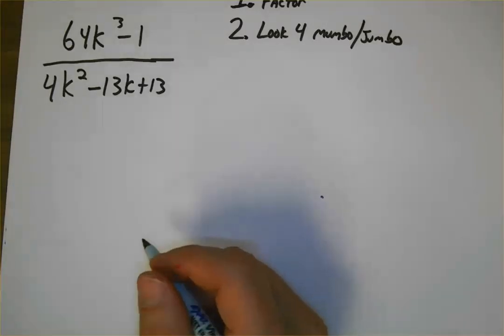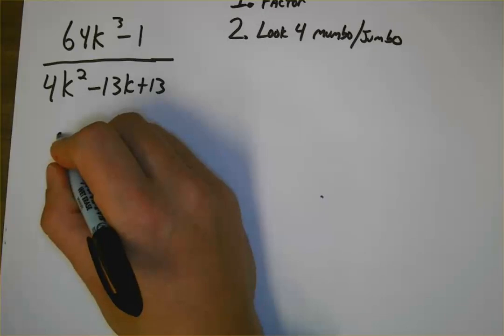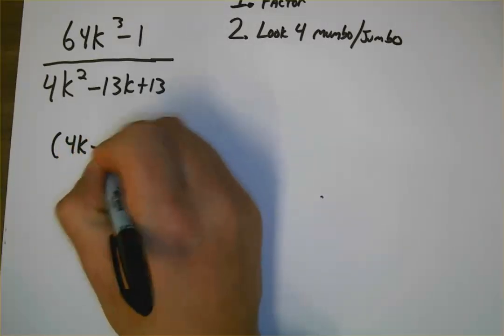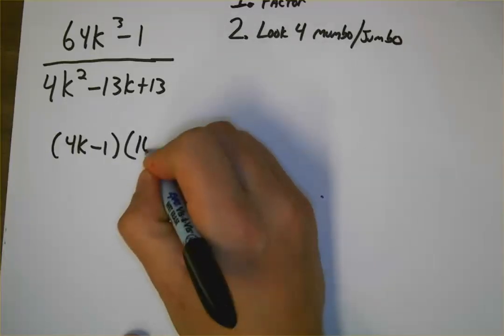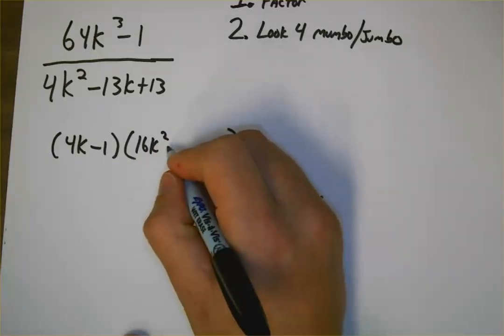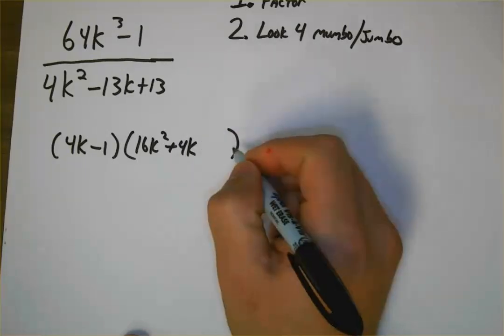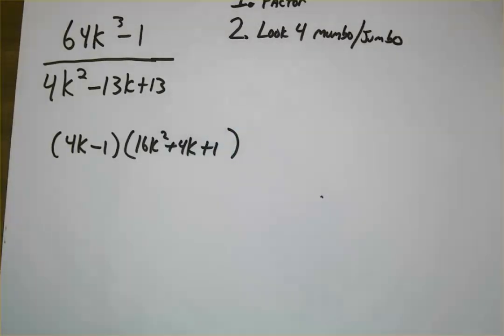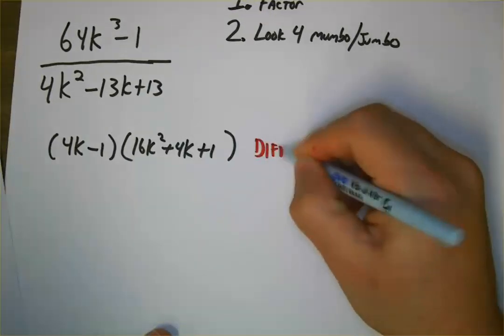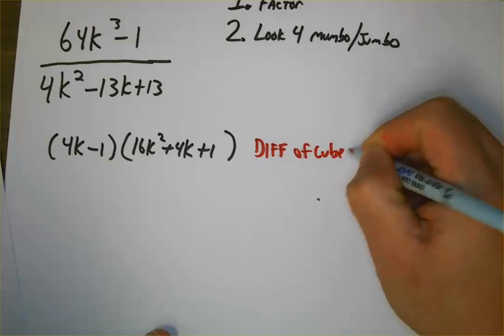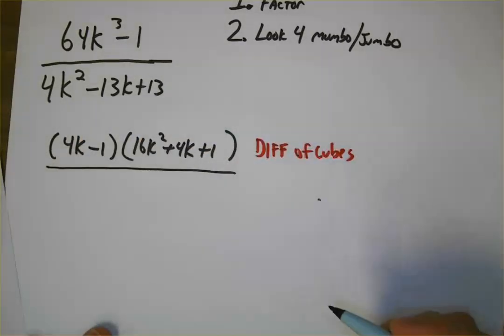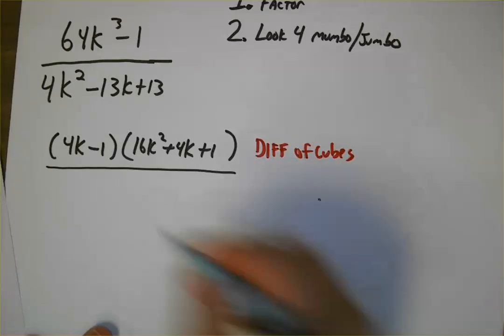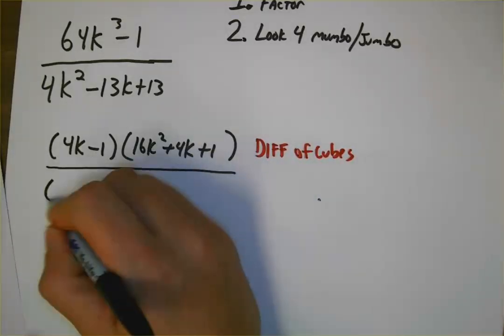So this becomes 4k minus 1 times 16k squared plus 4k plus 1, because it was a difference of cubes.